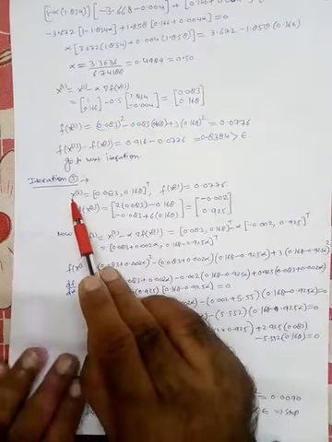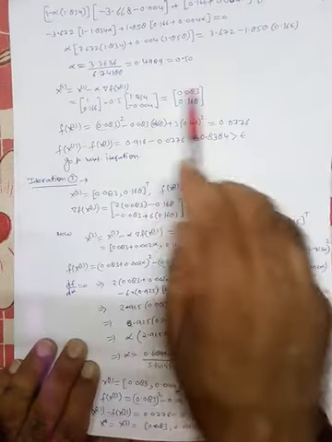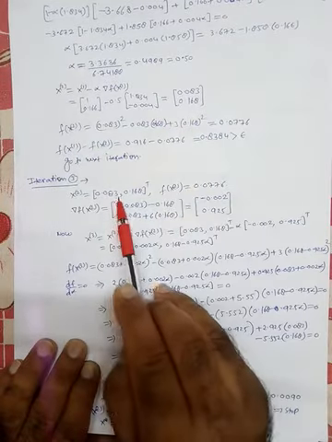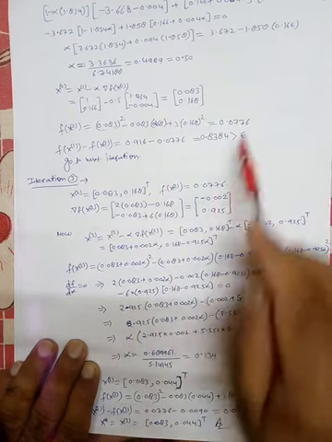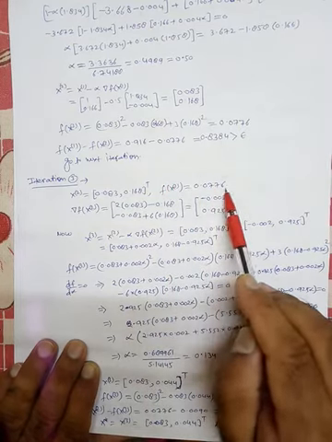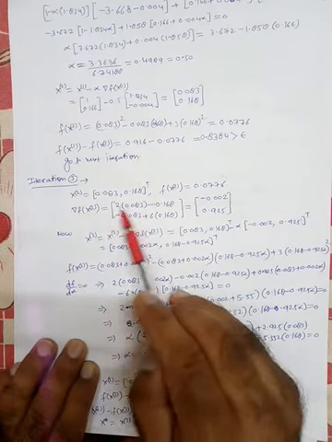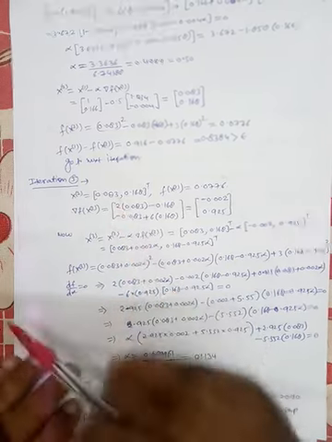So next iteration, x2 is this point, that means 0.083, 0.168 transpose. f at x2 is this value 0.0776. Gradient f of x2 is evaluated with the help of this. So what will we get?